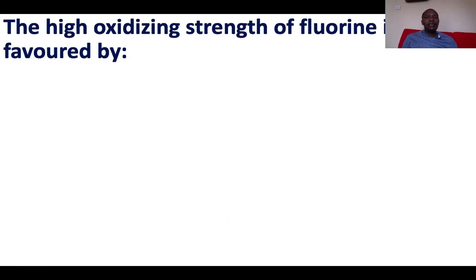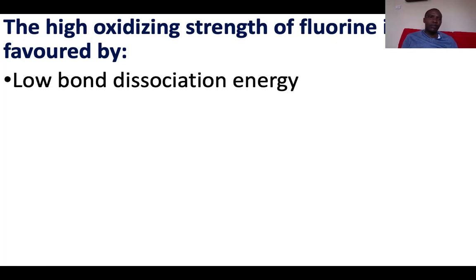Why is fluorine a high oxidizing agent? One, it has very low bond dissociation energy. When we looked at bond dissociation energy, we saw that it is abnormally low, and because of that, its bond can easily break.